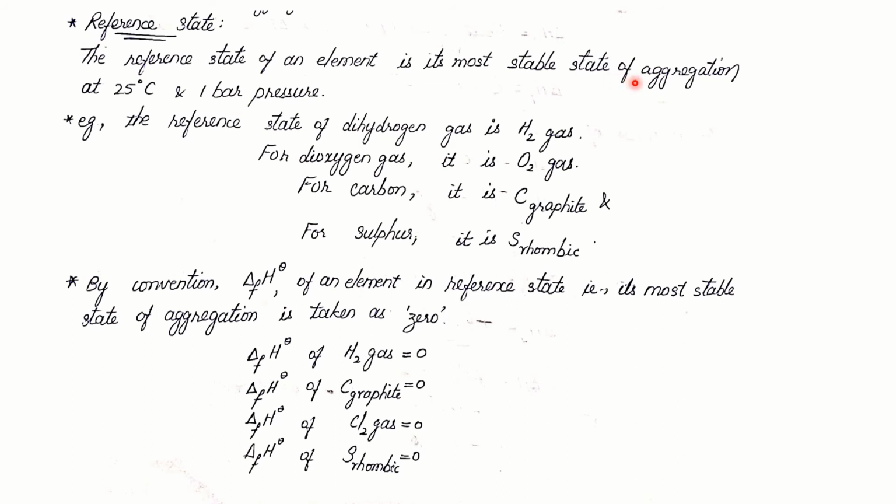We know there are different allotropic forms of elements. For example, if you take sulfur, it exists as rhombic sulfur and monoclinic sulfur. Similarly, you have carbon, which is present in the form of graphite, in the form of diamond, and so on. And we all will be familiar with the structure of graphite and diamond. Graphite has a layered structure in which carbon atoms are linked to each other by means of sigma bonds.